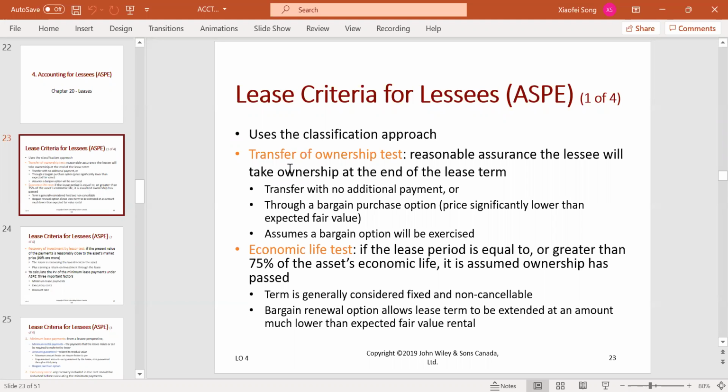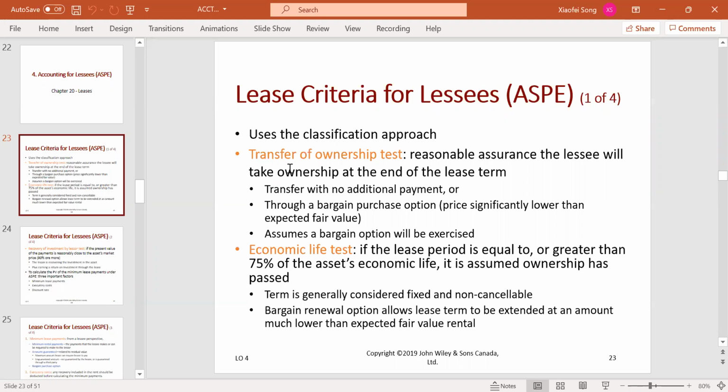If lessor, then it's operating lease, right? So the transfer of ownership can be in one of the 2 ways. One is the lessee just gets to keep it by the end of it, for no consideration.